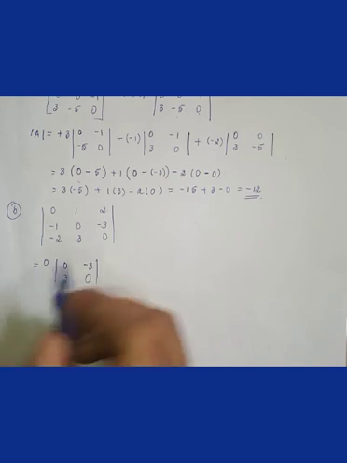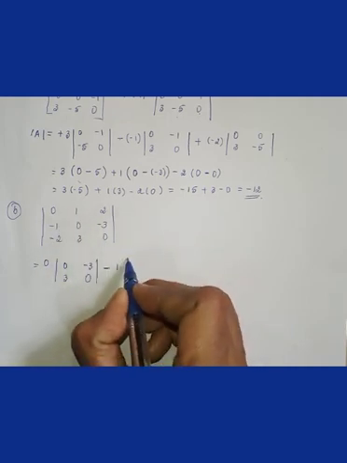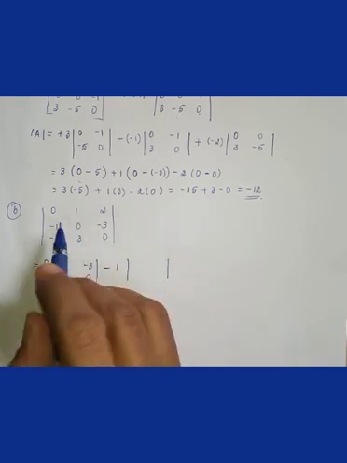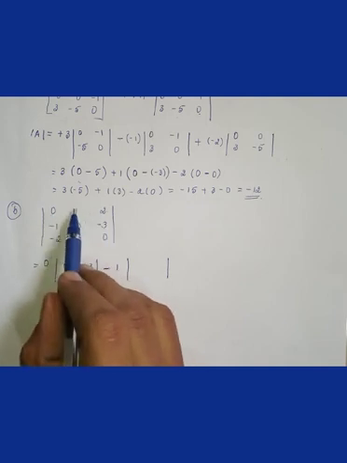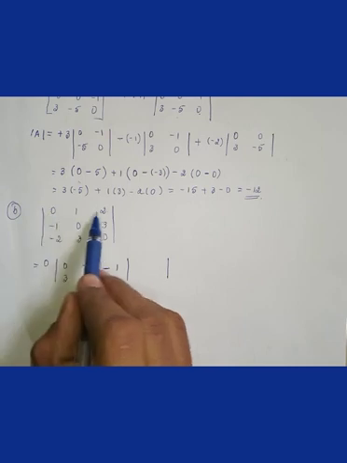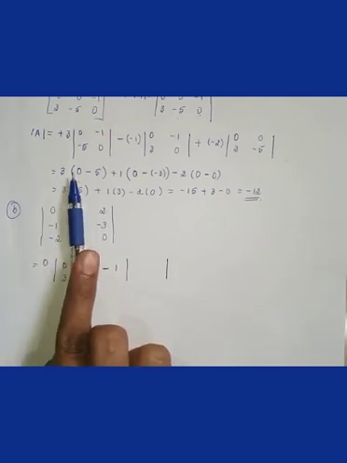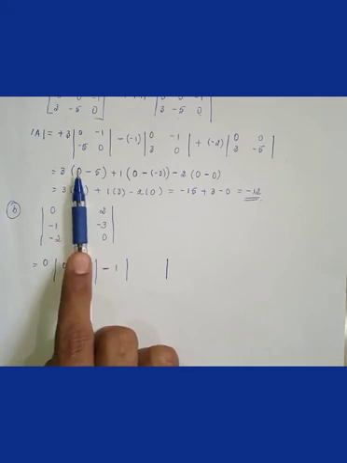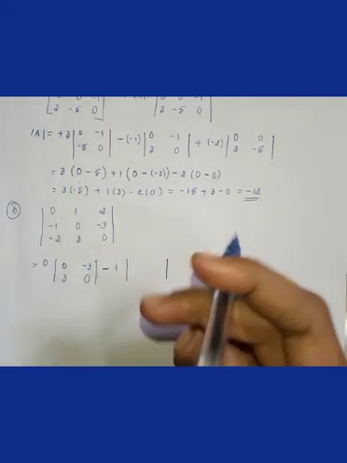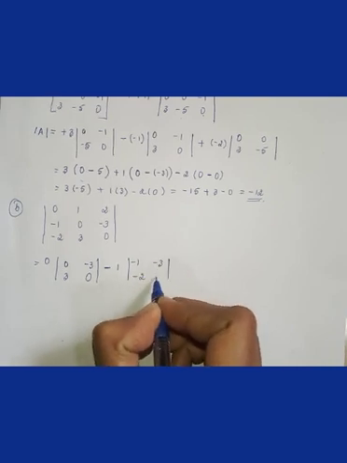So first entry is plus, next entry is minus, the entry is 1. Again the determinant, delete the first row and second column in which 1 lies. If you delete the first row and second column, you will get minus 1, minus 3, minus 2, 0.